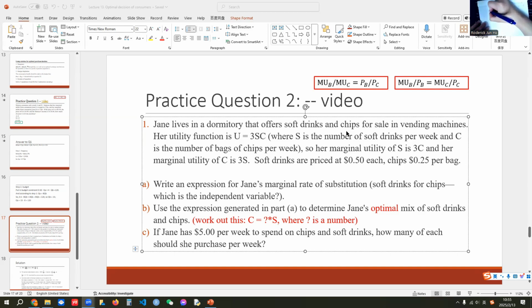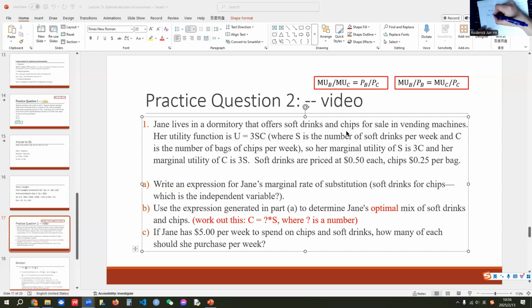So here, marginal utility of soft drink is the change of utility per each soft drink. In that case, we will only view soft drink as the variable.